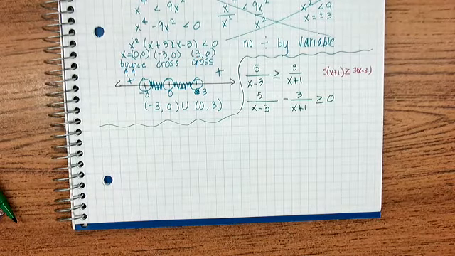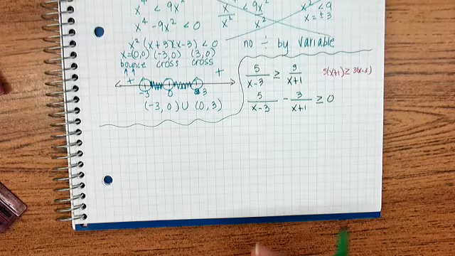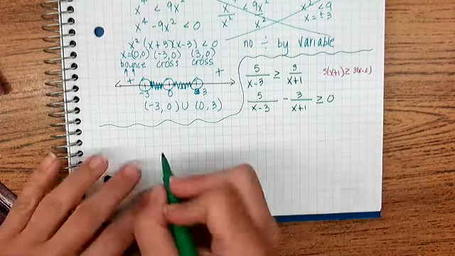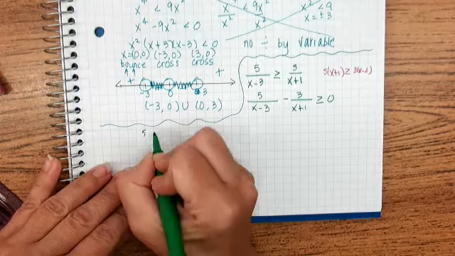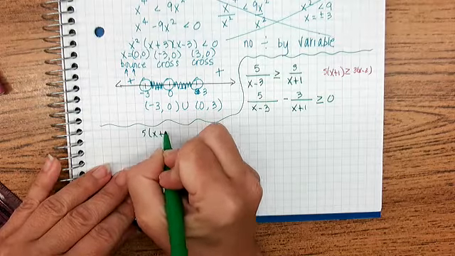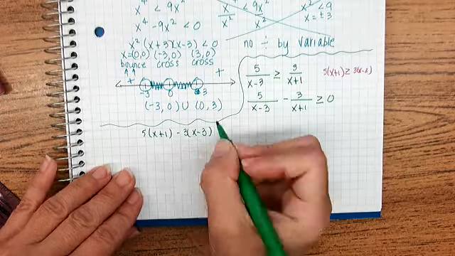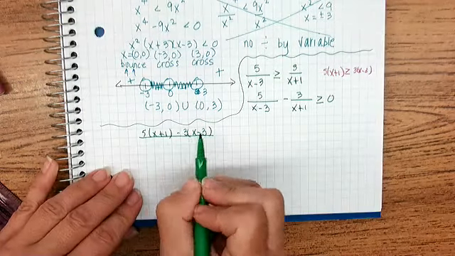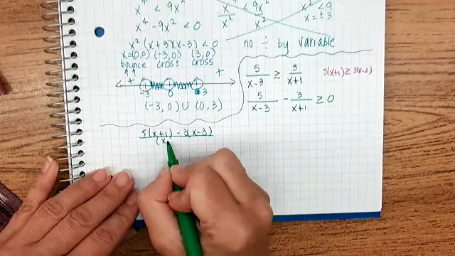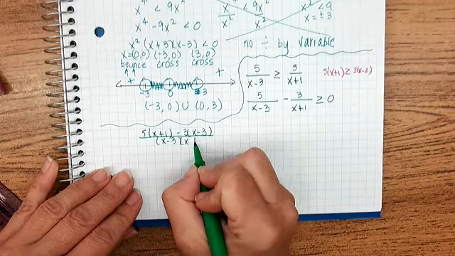No cross multiplying. Common denominator, x minus 3, x plus 1. Find the common denominator.